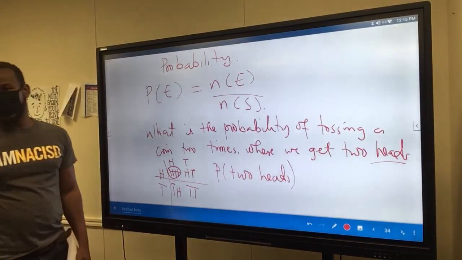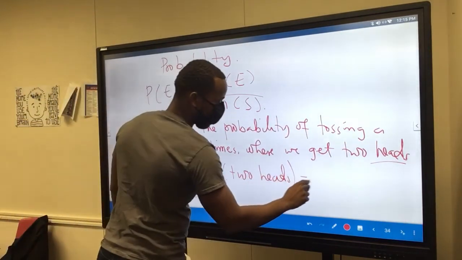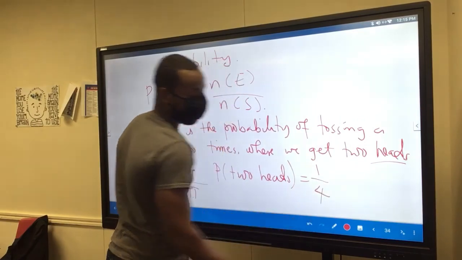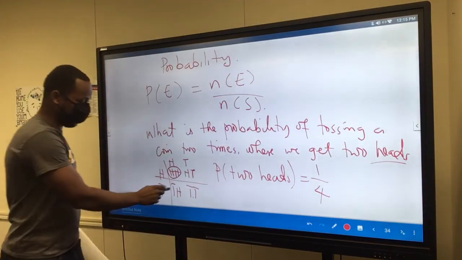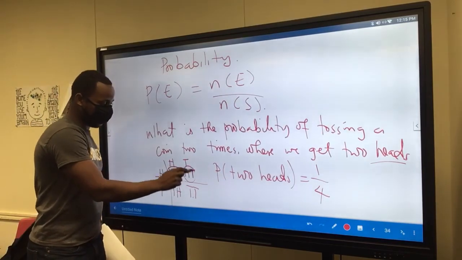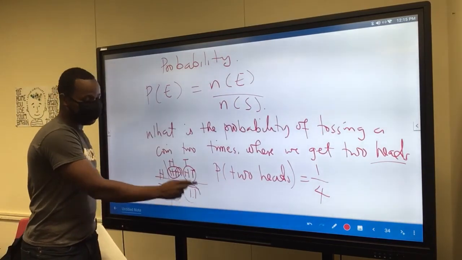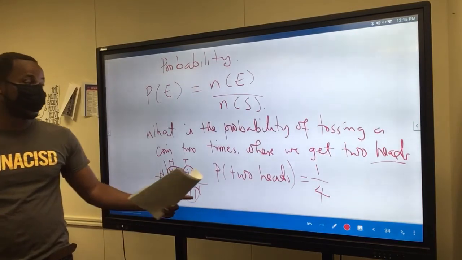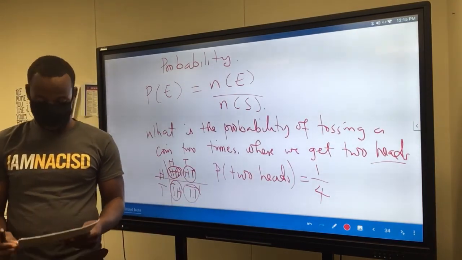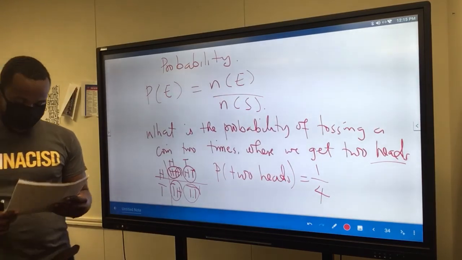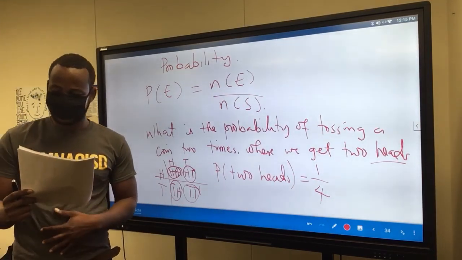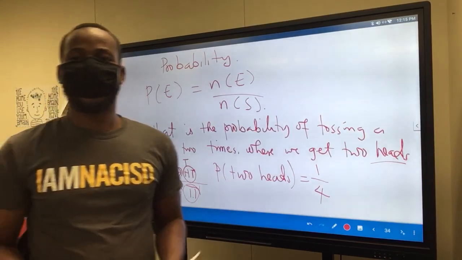Only once, out of the 4 possibilities. You can get head-head, head-tail, tail-head, and then tail-tail, right? So that is the only time the event occurs. Okay, so remember those simple things. Well, again, I think basically those are the main things we are looking at generally, okay?